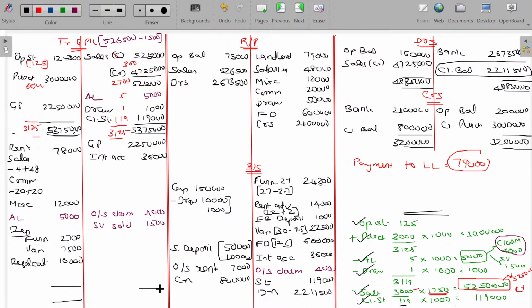Tally this to find out the net profit. Come on. I think the total being 22 lakhs 91,500, and salary minus 4 plus 48, 44,000. Commission minus 20 plus 20, 0. Now what is the ultimate value?